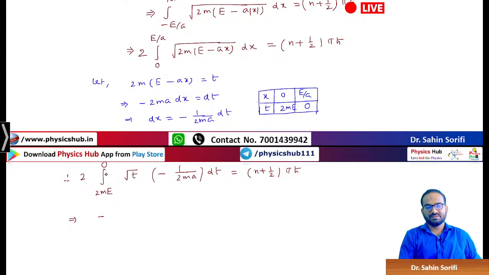If you take the limit to be 0 to twice m E, this minus sign is absorbed.